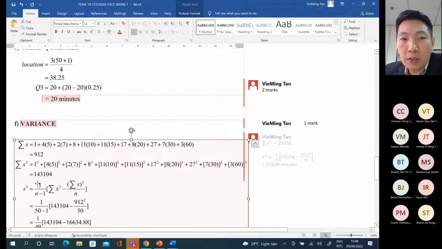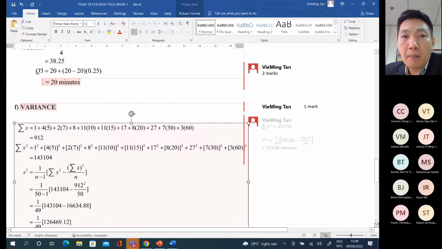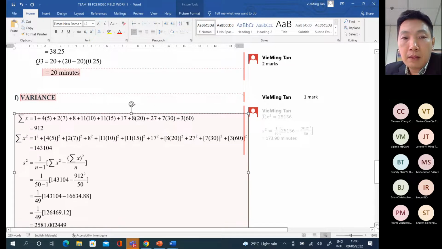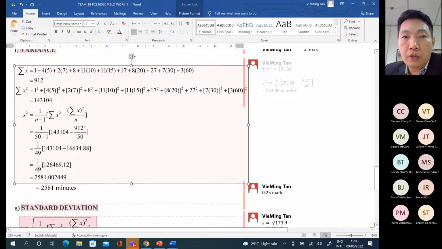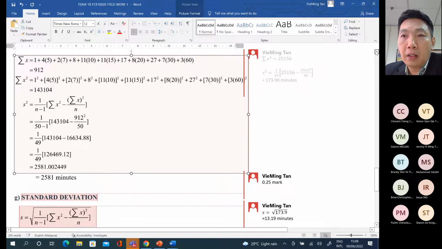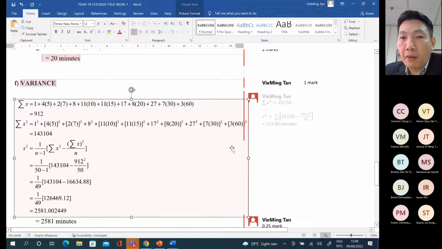Because the total X squared is wrong, that means the S squared value, your variance value, is also wrong. But you still can get 1 mark because of your working. Your total X is correct, and you also replaced 50 as the N value. So you can get only 1 mark for this section.